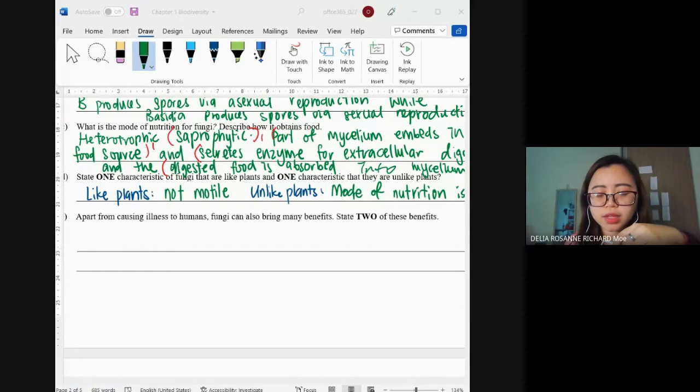Algae dia beberapa faktor lah. Bila diorang classify dia ke dalam kingdom ni, dia ada beberapa faktor. Pertama, dia tengok dari segi rupa luaran.